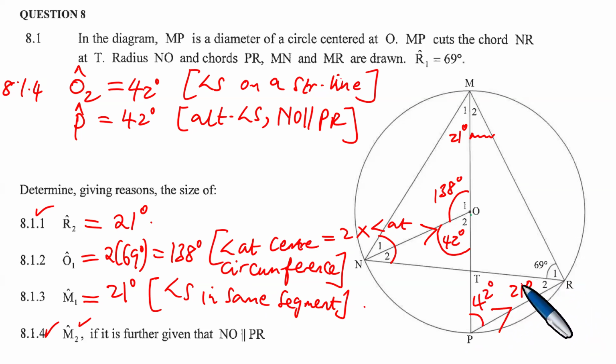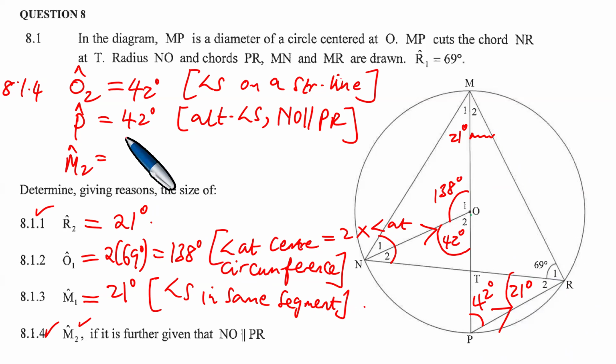We've already got that this one is 21. So the angle M2 is obvious, because it's the only remaining angle in the triangle MPR. We want M2, but we know this, we know this, we know that. So we know 1, 2, 3.